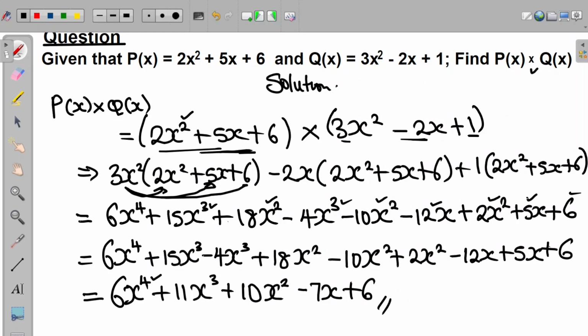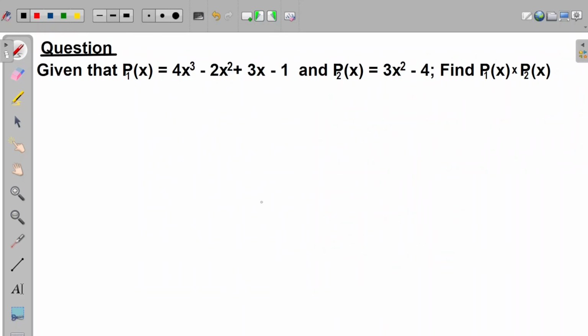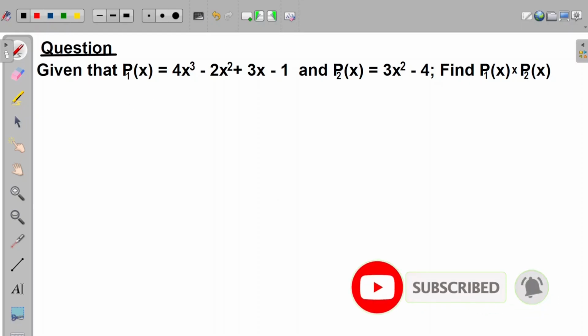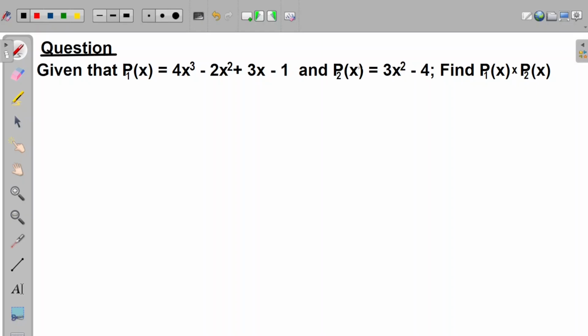Now let's take up the second question. The question says that P1 of x is equal to 4x cubed minus 2x squared plus 3x minus 1, and P2 of x is equal to 3x squared minus 4. We are asked to find the product of P1 of x and P2 of x.